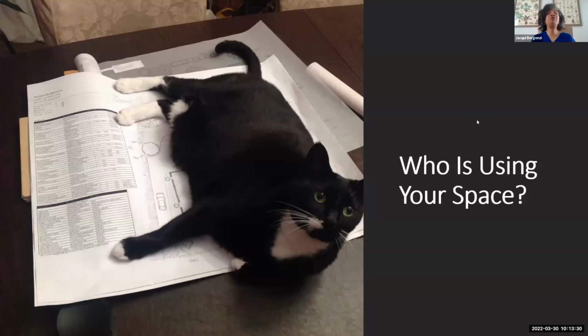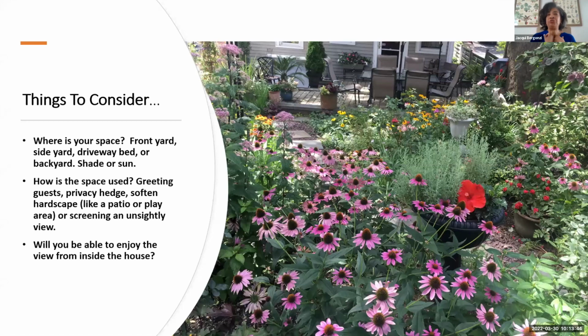So who visits you? Who uses your space? While you're planning this garden, you think about, will children be playing here? When we went back and we looked at this beautiful garden, this is my dream garden, but I wouldn't be able to put a jungle gym set in for my granddaughter.